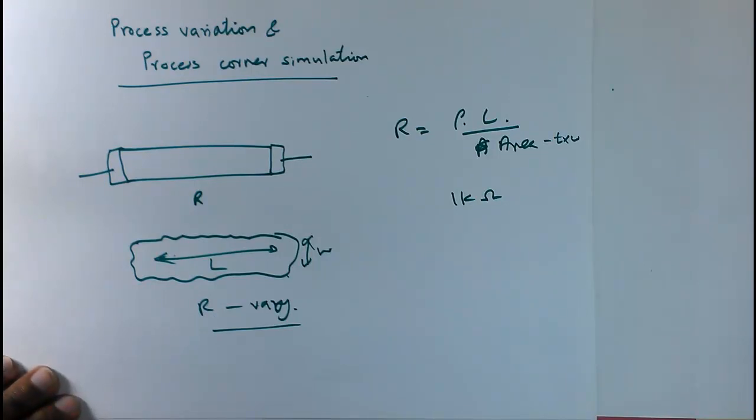So in reality, in silicon, you cannot make an exact value for a resistor. This is not just for resistors, this is equally applicable to capacitance also. You cannot make an exact capacitance value in silicon.